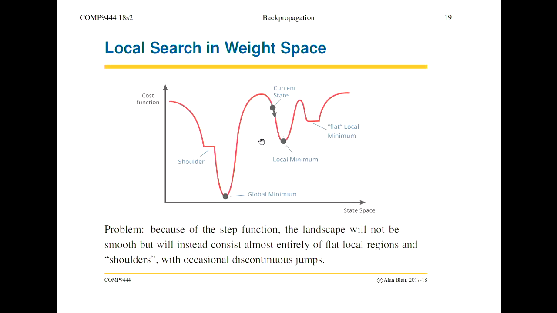There's a lot of discussion about this, but in practice, it turns out that in many practical problems with large numbers of weights, and in neural networks with large numbers of weights, it's actually unlikely that you get stuck in a local minimum. But theoretically, it could happen.